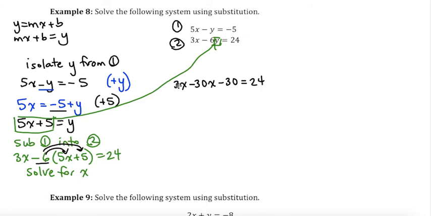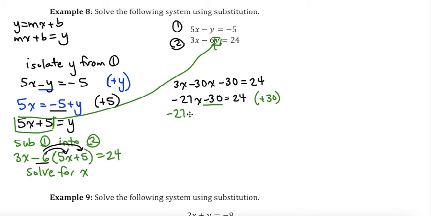Collect your like terms. 3x take away 30x is negative 27x. That's equal to negative 30 equals 24. From here, you want to isolate for x. So we first get rid of that constant term. The opposite of subtracting 30 is adding 30 to both sides.